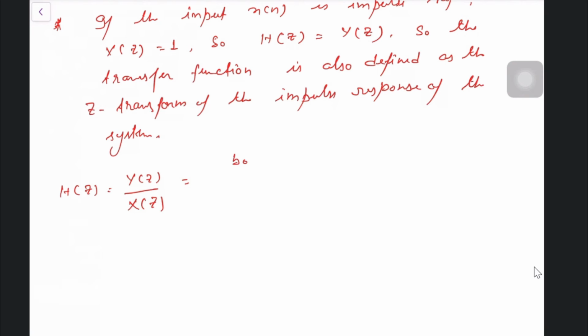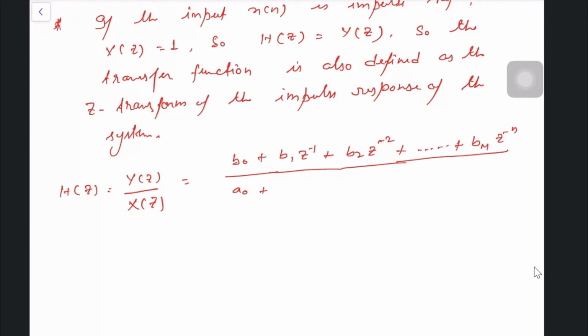If you remember, we saw this equation at the start of this unit on Z transform: a0 plus a1 z inverse plus a2 z to the power minus 2 and so on, up to an z to the power minus n.